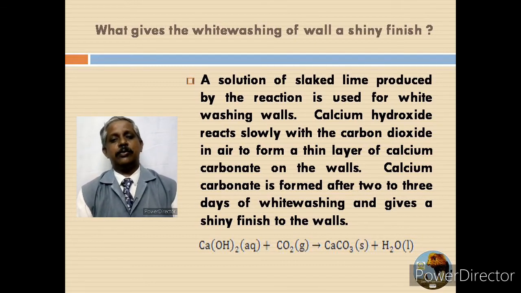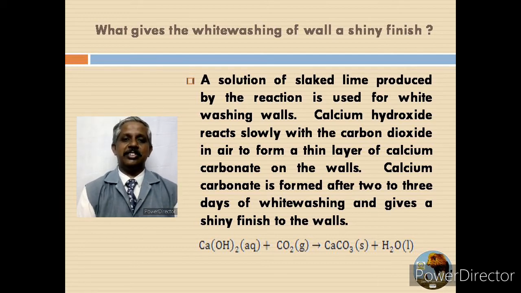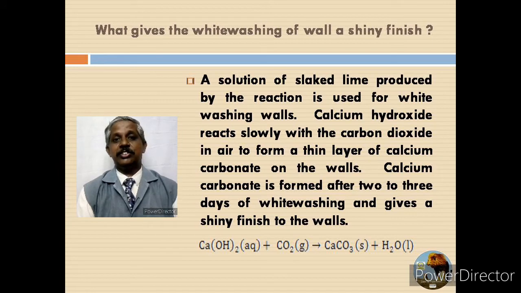Calcium carbonate is formed 2 to 3 days after whitewashing and gives a shiny finish to the walls. Come on, look at this equation here, Ca(OH)2, which is in aqueous condition, plus carbon dioxide, which is a gas, gives calcium carbonate as solid and water as liquid. The shiny surface can be seen on the wall.